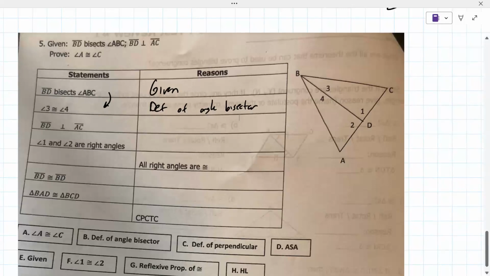All right. What about this next line? BD perpendicular to AC. Definition of perpendicular.